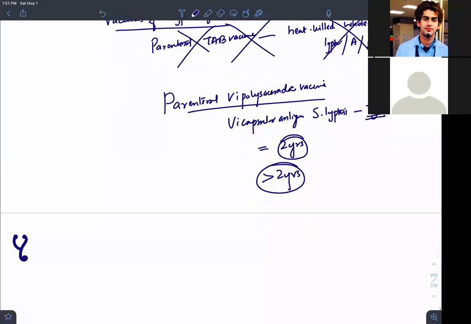Next type is typhoral vaccine. Typhoral means oral, live, attenuated. Do you know attenuated? Weakened. Attenuation means to weaken something. We weaken its antigenic capacity and its virulence capacity. If you are giving the same bacteria with same virulence to the person, then you are infecting that person.